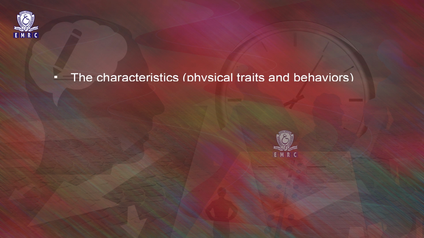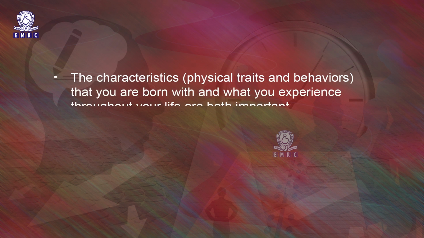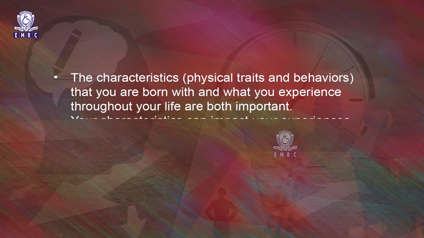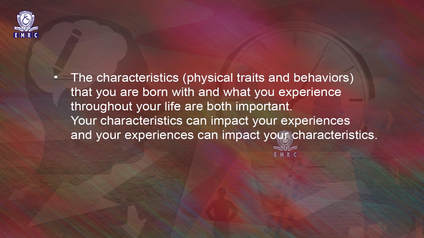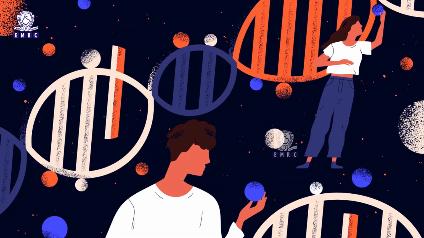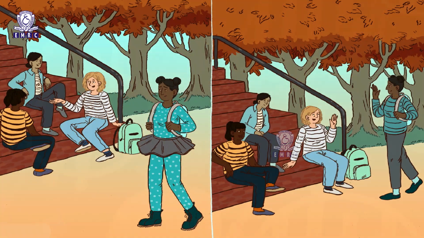The characteristics, physical traits and behaviors that you are born with and what you experience throughout your life are both important. Your characteristics can impact your experiences and your experiences can impact your characteristics. In some situations, genes play a larger role in determining your behavior. In other situations, environment plays a larger role in influencing your behavior.